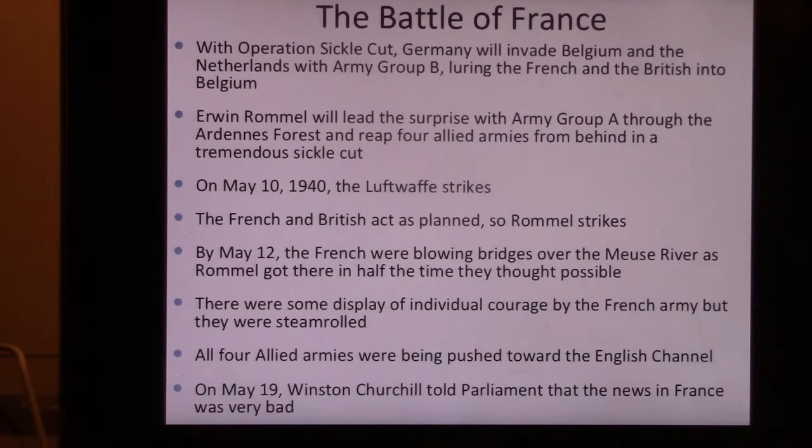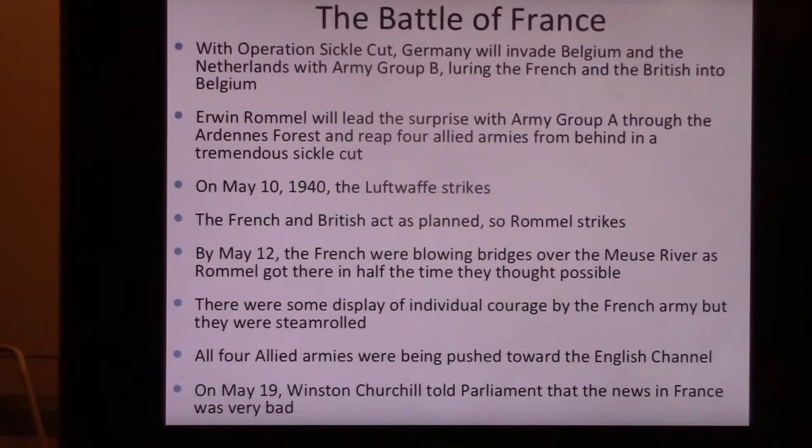When that happens, the vaunted leader Erwin Rommel will shoot out of the Ardennes forest, which is thought to be impassable with its lakes and its streams and its just jagged cliffs and bluffs from the Ice Age. No one can get through there. Julius Caesar said it was nigh impossible, and if you can't get through it with the muscle power and engineering and manpower that Caesar had, it's tough.